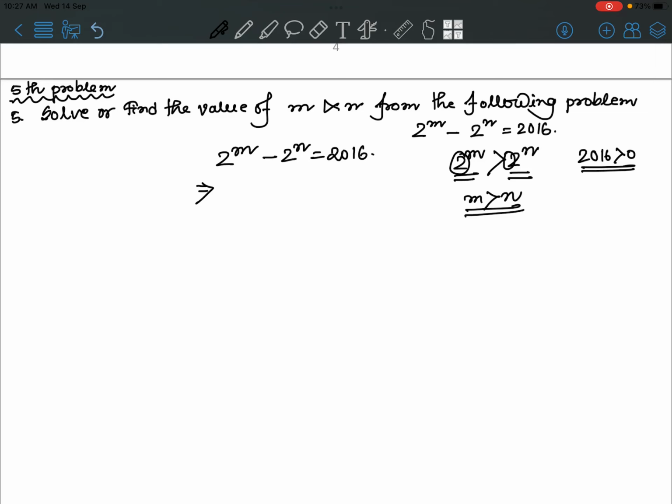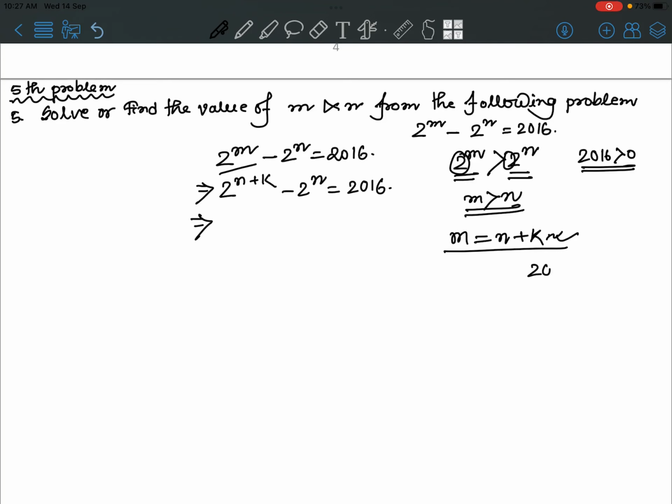Now we can take m equals n plus k, because m is greater than n. That is why k is a number we are going to add. We are going to find out the value of m, n and k. So now we replace 2 to the power m with 2 to the power n plus k, minus 2 to the power n equals 2016.